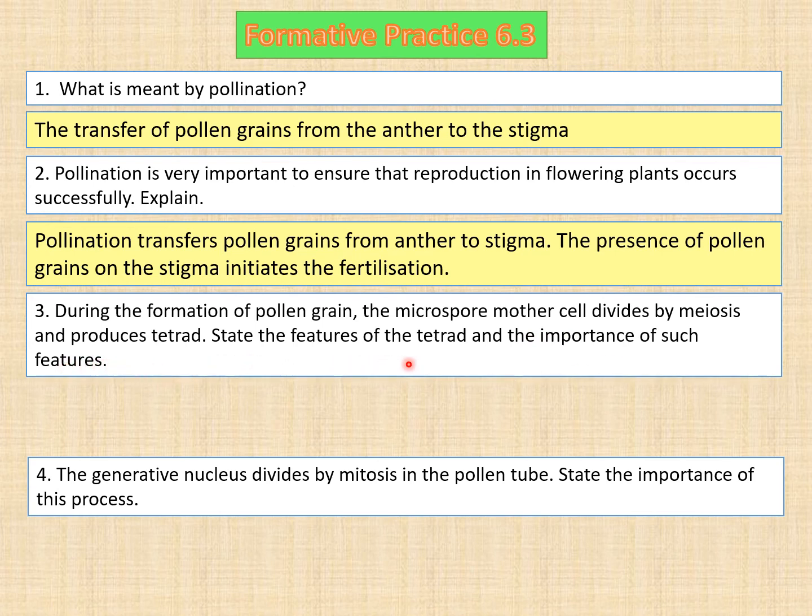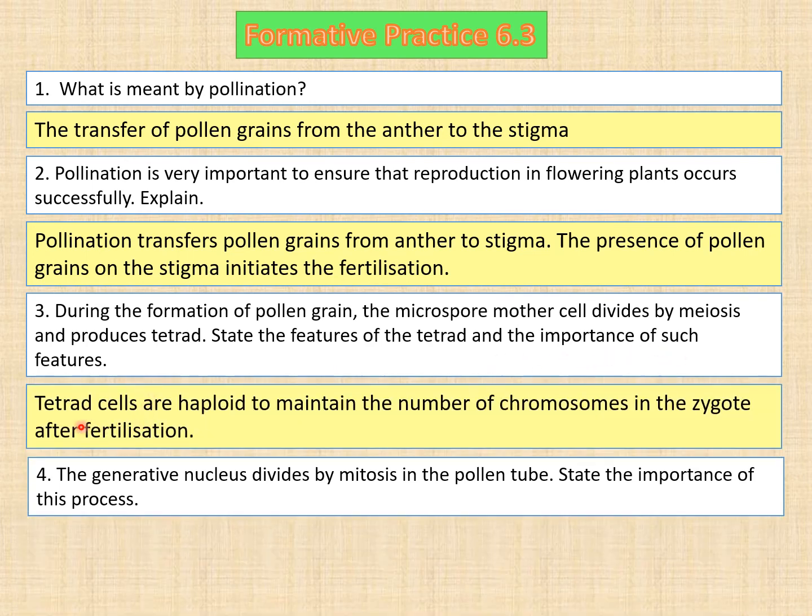State the feature of the tetrad and the importance of such feature. Tetrad cells are haploid to maintain the number of chromosomes in the zygote after fertilization. Okay, meiosis is important to ensure that the number of chromosomes is maintained from one generation to the next generation.